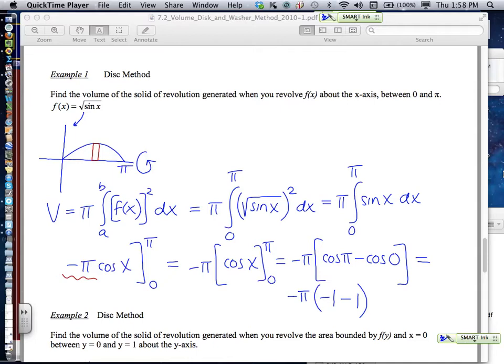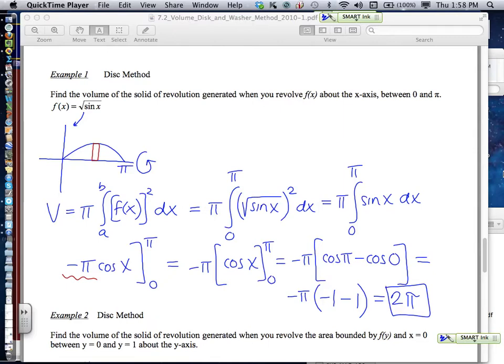It's easy to lose track of all your negatives. So we have negative pi times negative 2. Negative times negative is positive. So that whole volume is exactly 2 pi units. Whenever you're computing a volume, you should end up with a positive quantity, because volumes are positive.